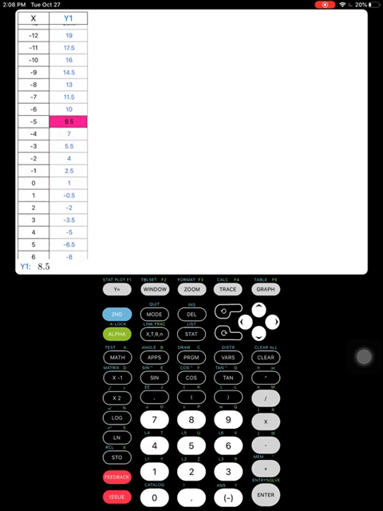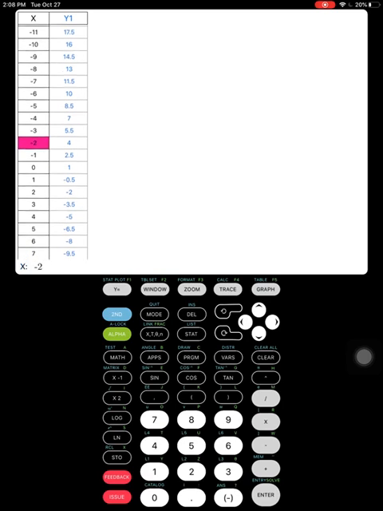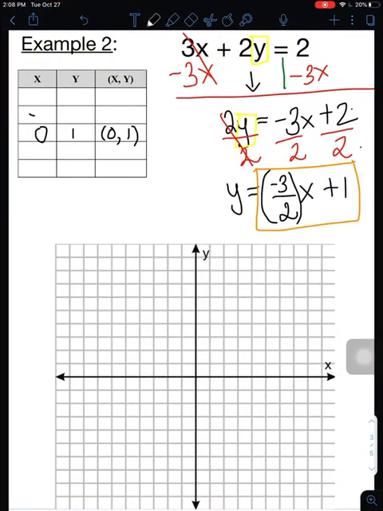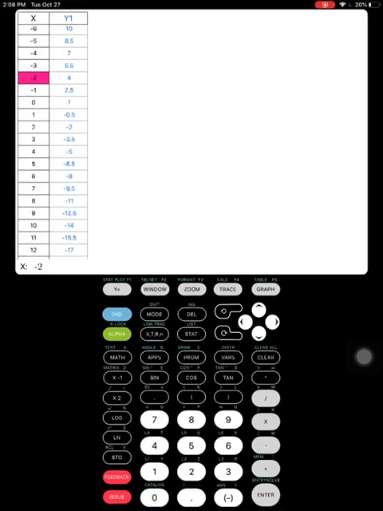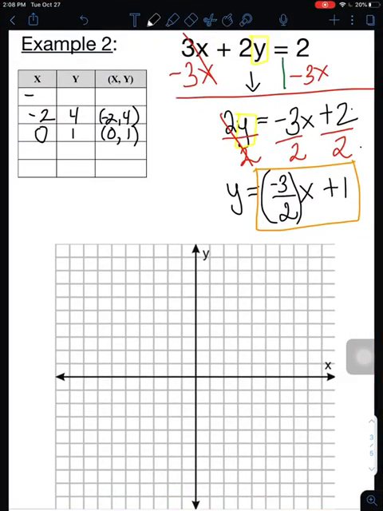Remember, we don't want to use the decimals because it'll be a little harder to estimate where they land. So I'm going to stick with negative 2, 4. Okay. And then negative 4, 7.